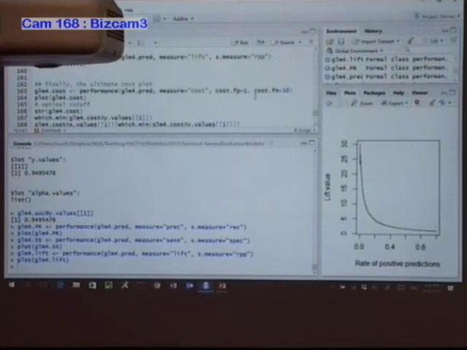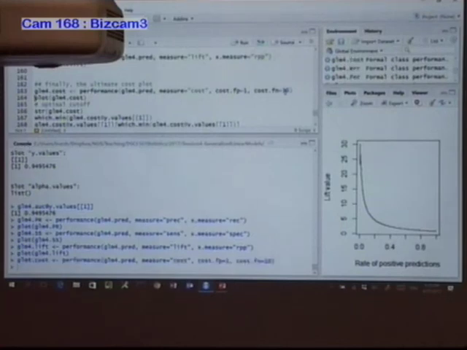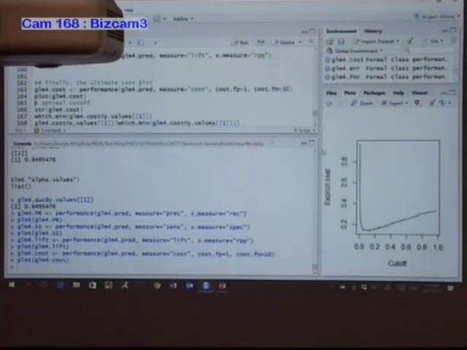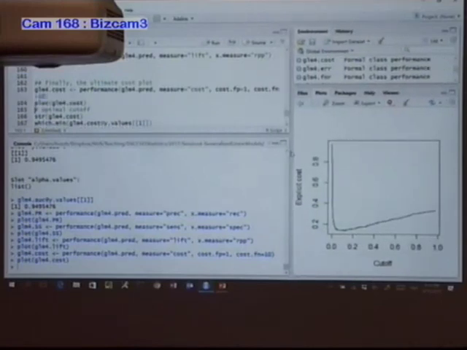The ratio of the two is important. I just put 1 to 10, just for illustration. Now you can plot. So that's how your cost will change with respect to your cutoff. So you can see that my optimal cutoff should be somewhere here. Gives you the minimum cost. Right? So that's the situation.